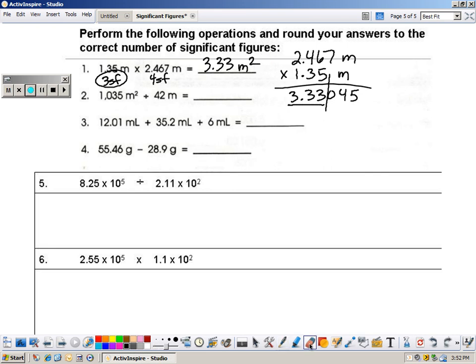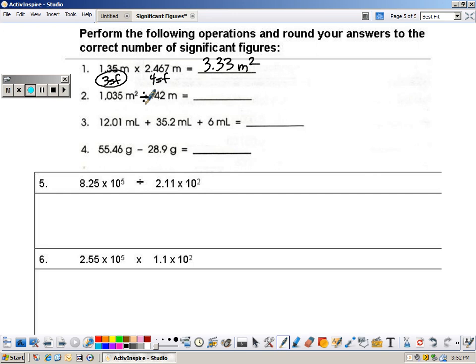Let's try another one. Okay, this next one is division. In case you can't tell here, it's division. Okay, the same rules apply. The same rule applies for multiplication and division. So let's perform our operation. We're going to divide 1,035 meters squared by 42 meters.